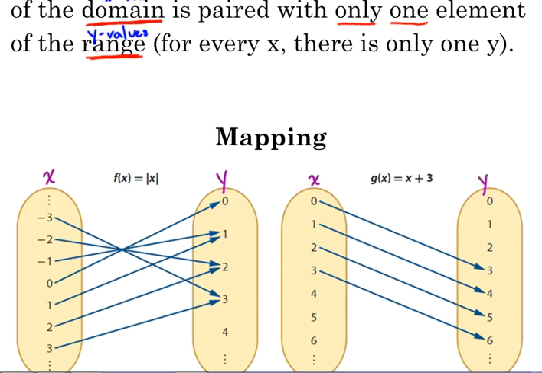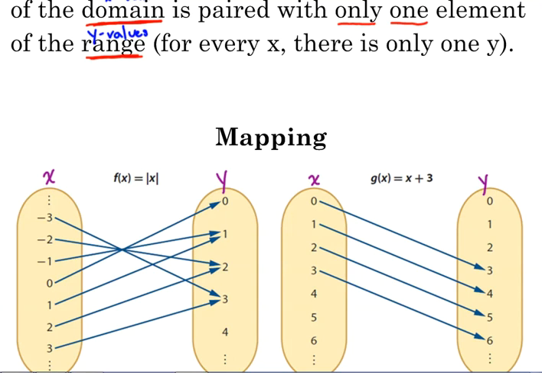So forth and so on. Now, with this function, notice +1 also maps to +1. But it's still a function because every x has only one line coming out of it. It's okay that the y values have multiple x values.